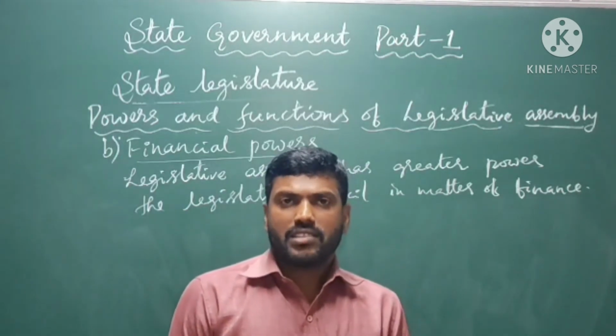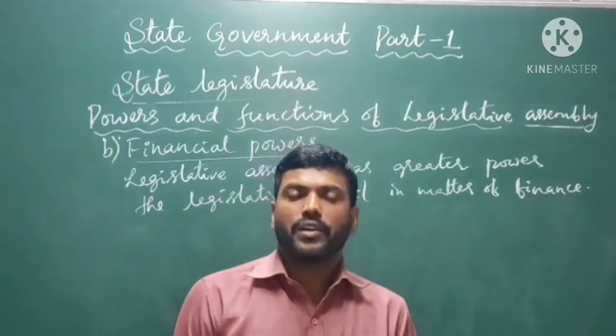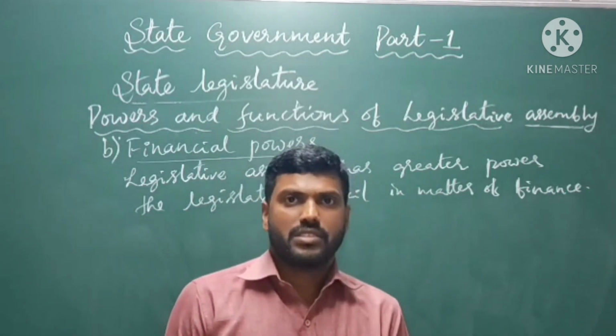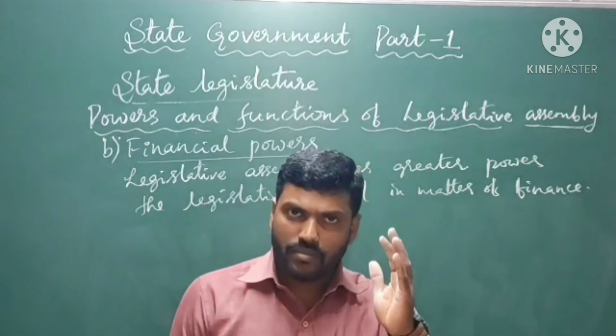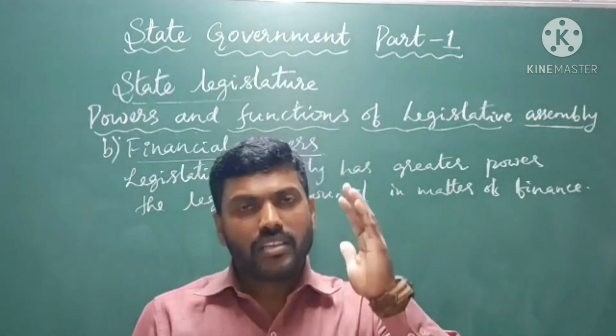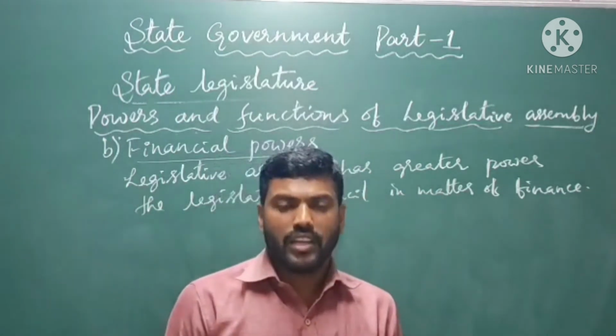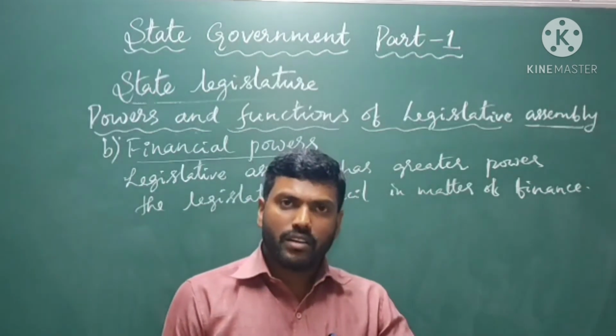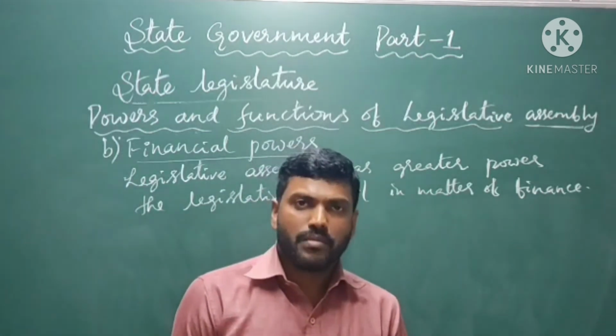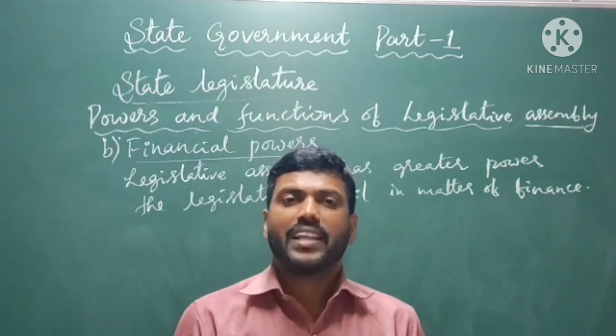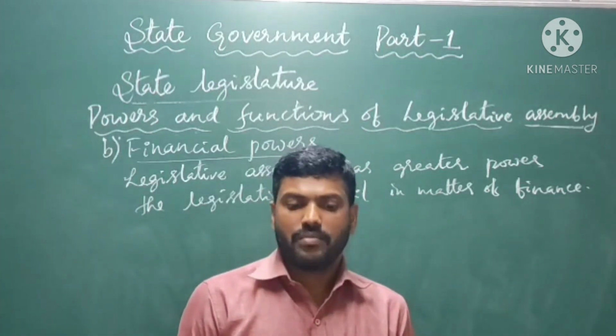The legislative council does not have the right to introduce any financial bill first. First the financial bill of the state will be introduced in the legislative assembly only. So in matters of financial bills, the legislative assembly has greater power than the legislative council.